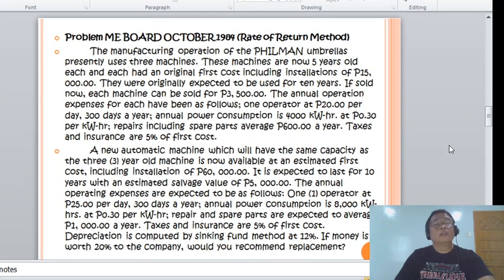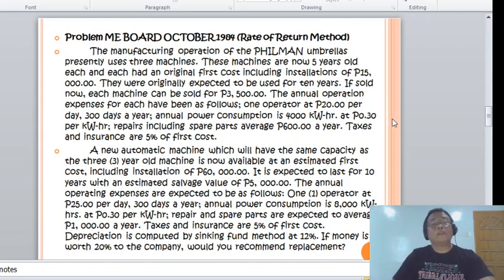Here is now, class, the problem. This is quite a long problem. Take note, this is a board examination problem, October 1984. Rate of return method. The manufacturing operation of the Pillman umbrellas presently uses 3 machines. These machines are now 5 years old.